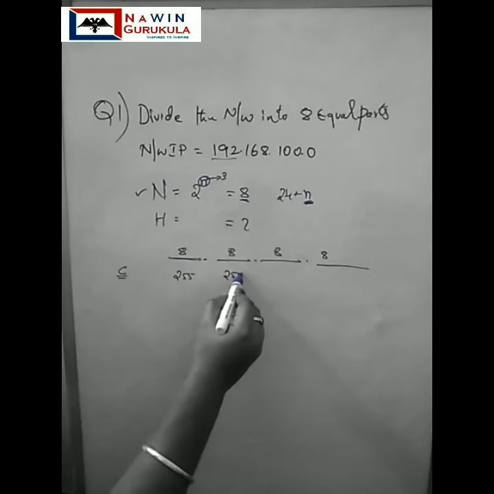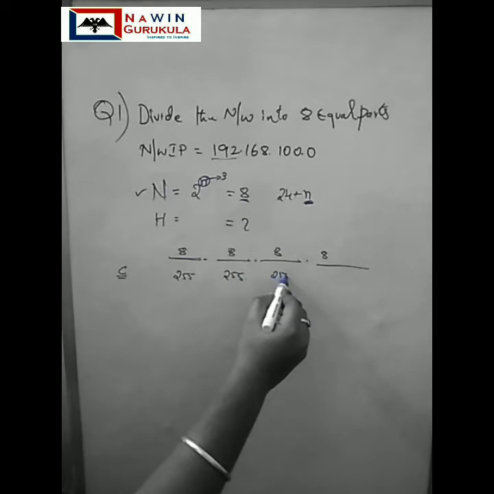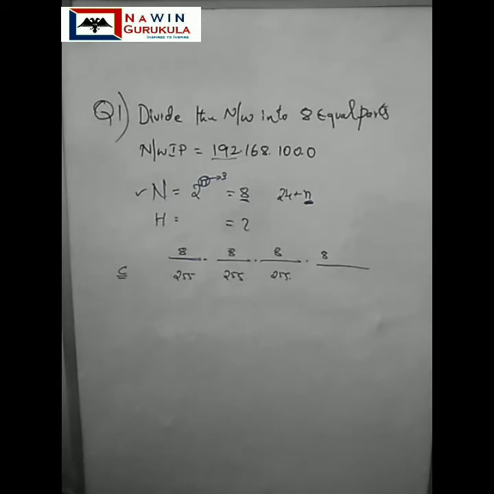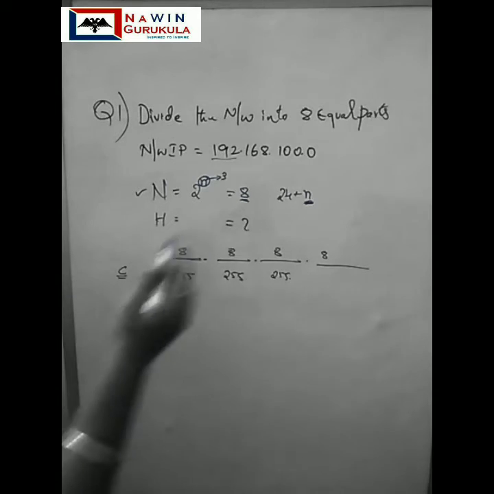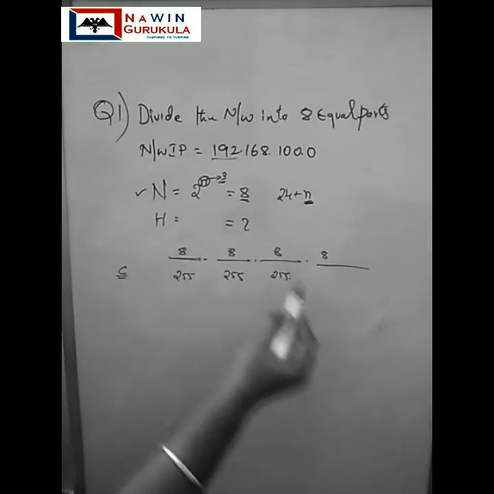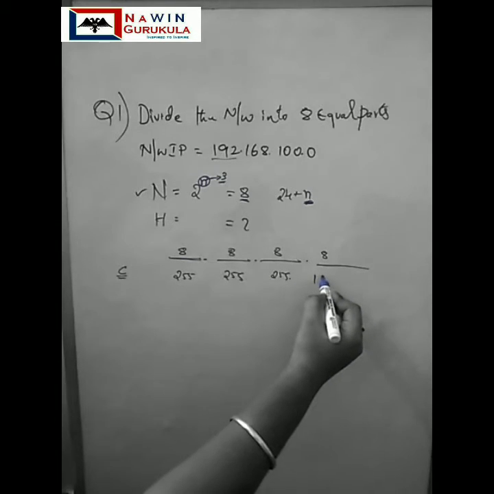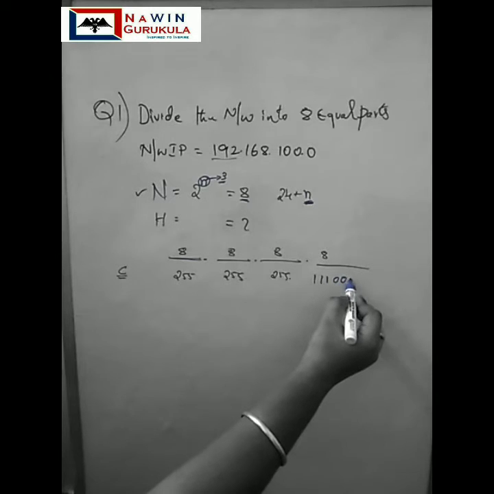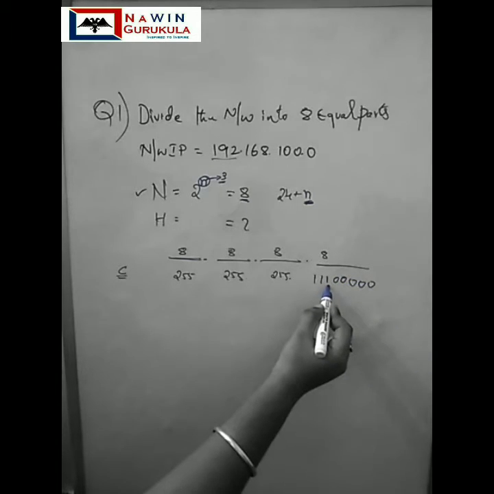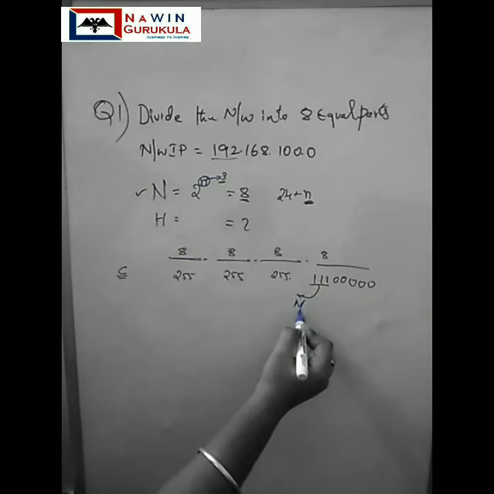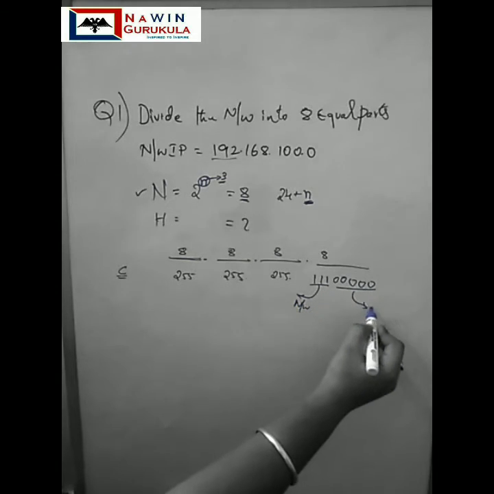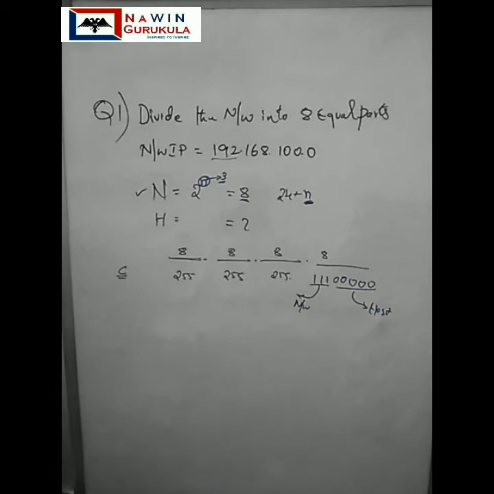Here also 255, all the bits will be 1. Here also 255, all the bits will be 1. So this is the standard subnet mask of class C, and here I am dividing the network into 8 equal parts. To do so, I have to convert 3 bits from the last octet towards the network side. So the first 3 bits will be 1, the rest 5 bits will be 0, right? So this will be towards the network now, and these zeros will remain as the host part.